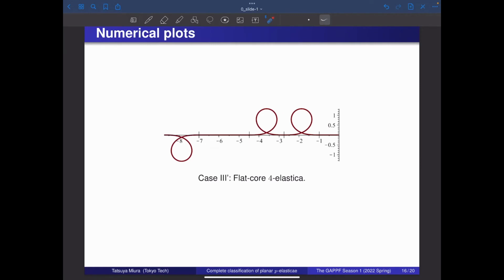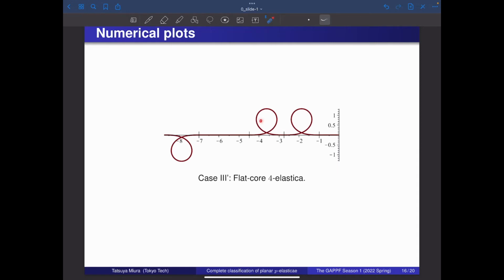And also I show you the last numerical example, which describes an example of flat-core P-elastica with exponent P equal to 4. And I remark that, as I repeated, we have non-uniqueness in this family, so the positions of these loops are in a sense arbitrary.